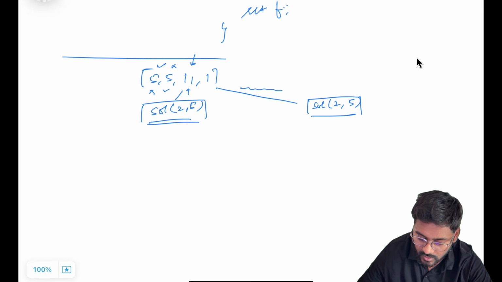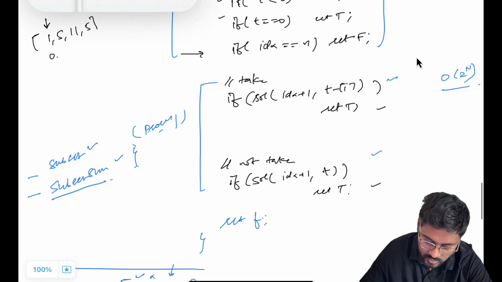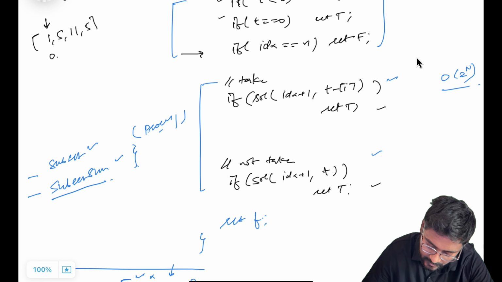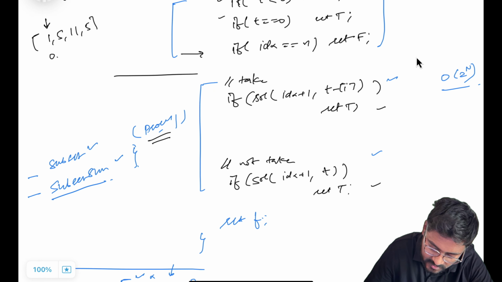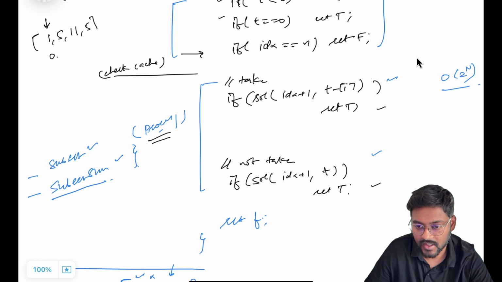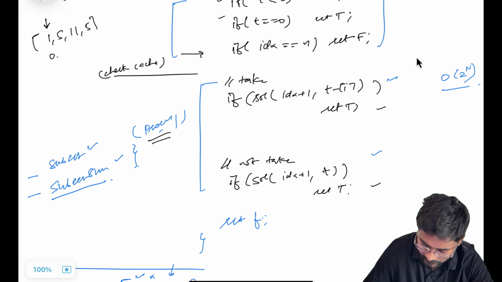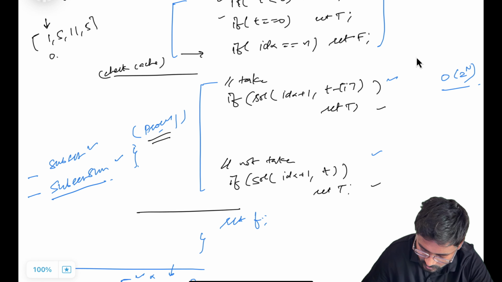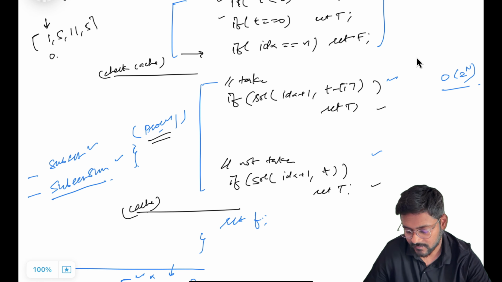If these subproblems are getting overlapped, just use caching. Before the processing, check in cache whether this is already processed and stored in the cache or not. If not, do the processing, and after the processing, cache this result.